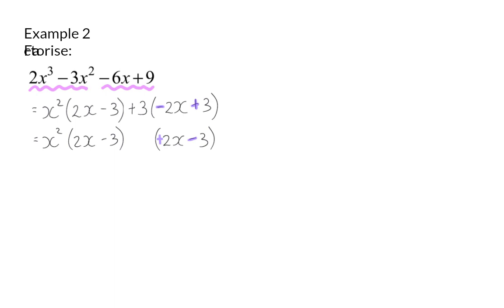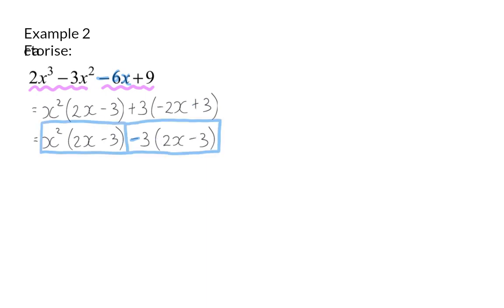This can be done by taking out a minus as a common factor, and this will change my common factor to minus 3. You can also combine these first two steps and immediately realize that when you have a negative first term for your second group, you can always take out a minus as part of your common factor.